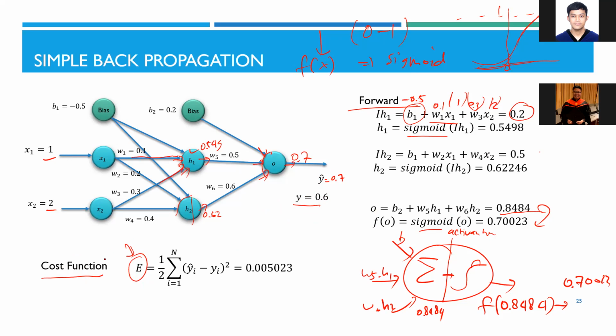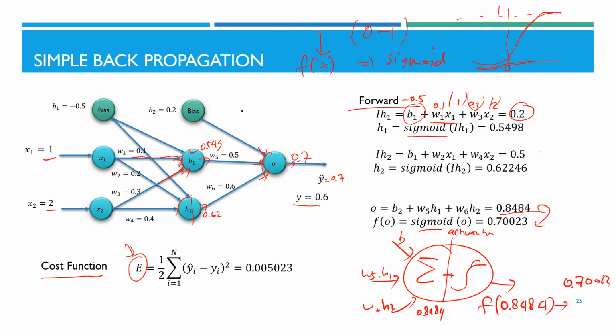This is the function to determine how we calculate the error of this forward process, how we measure the performance of the forward phase, how different our predicted value is from the actual value. And this is the simple way: we just use a simple cost function.